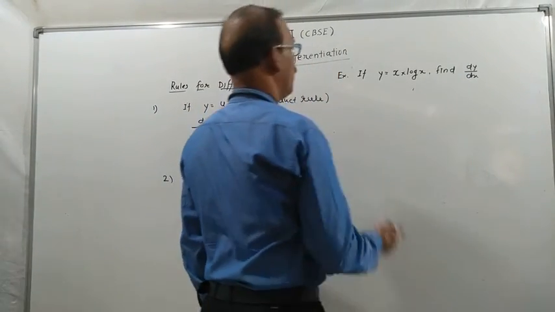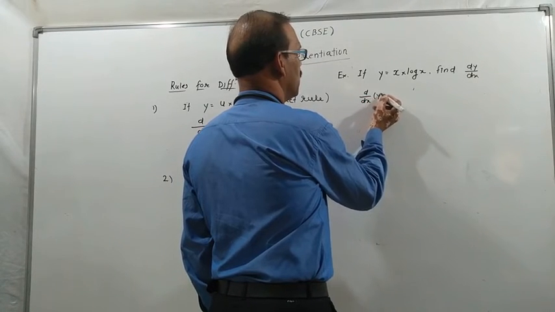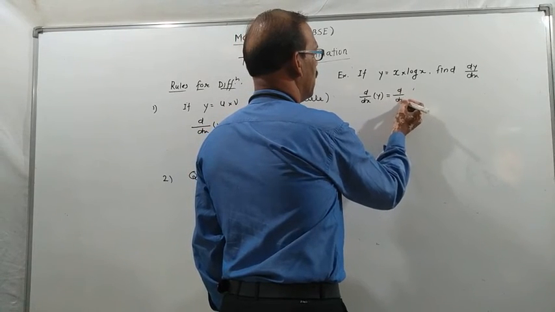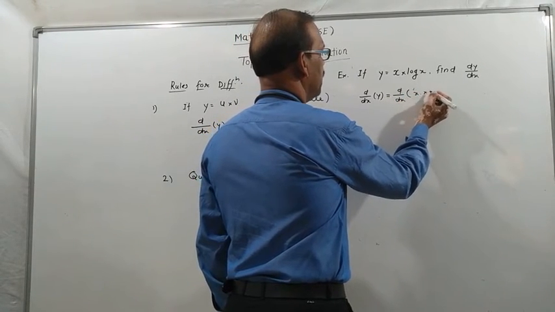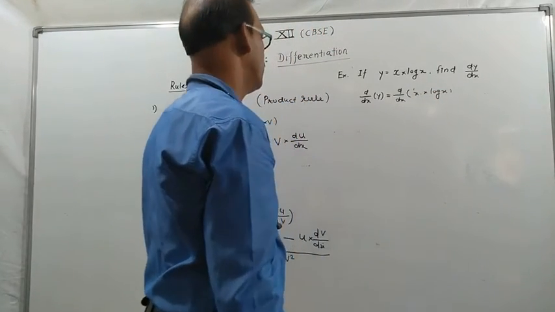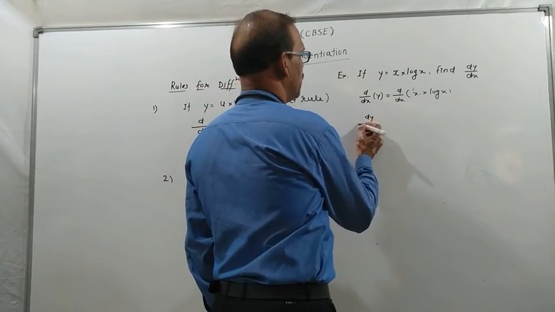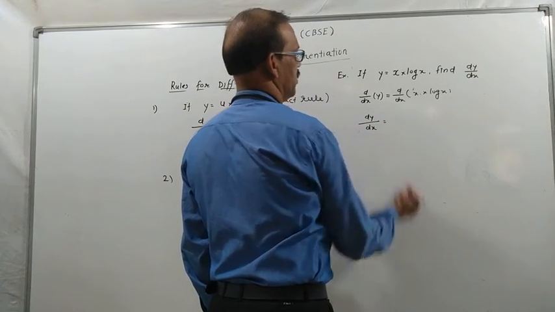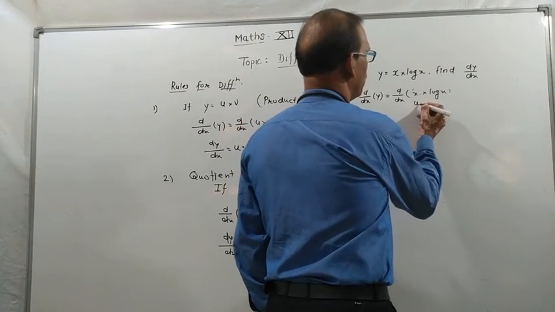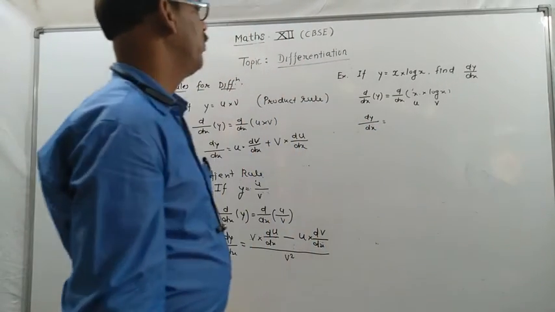First we take the derivative of the left hand side with respect to x, that is d/dx of y, and then d/dx of the right hand side, that is x into log x. We know that d/dx of y is always expressed in the form of dy by dx. This is the first function, suppose we consider u, and this is the second function, suppose v.